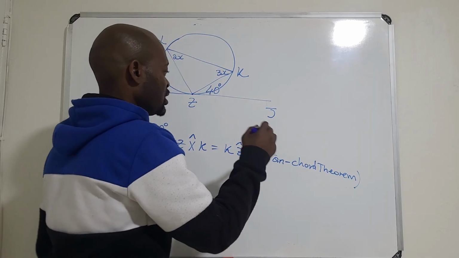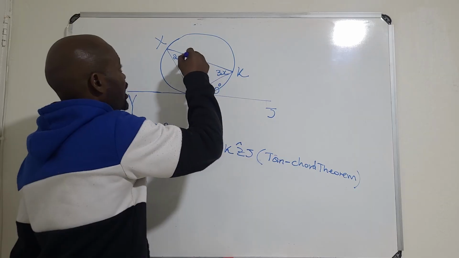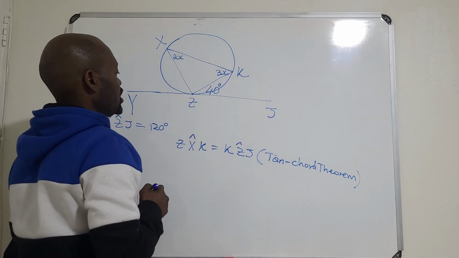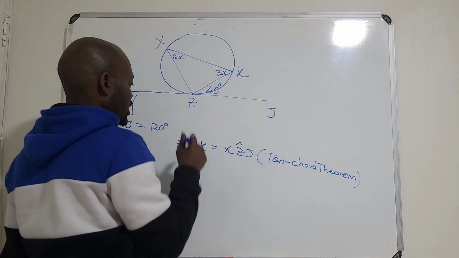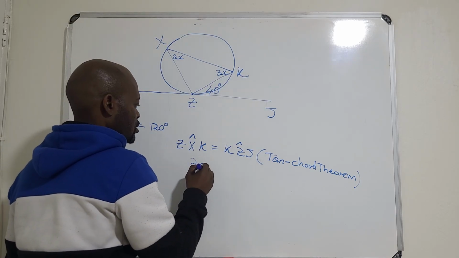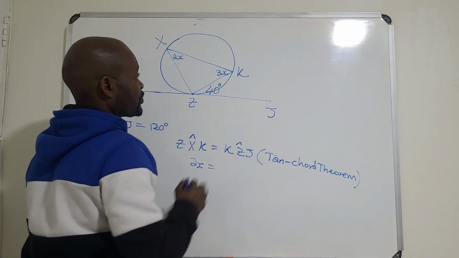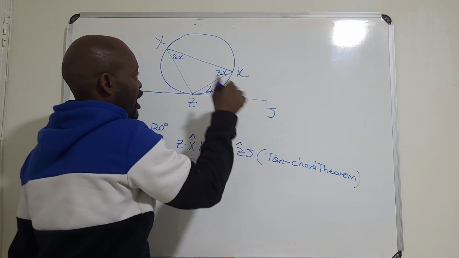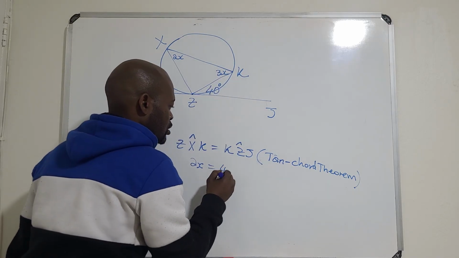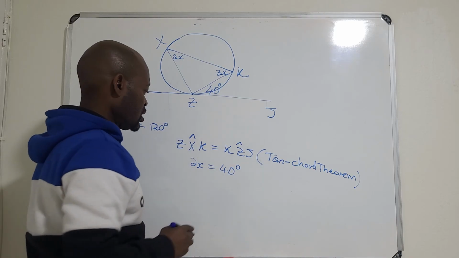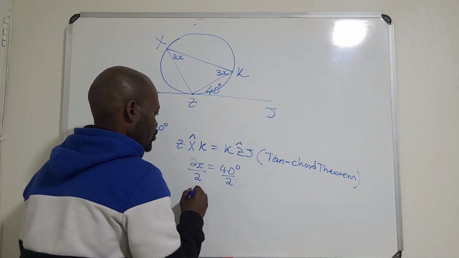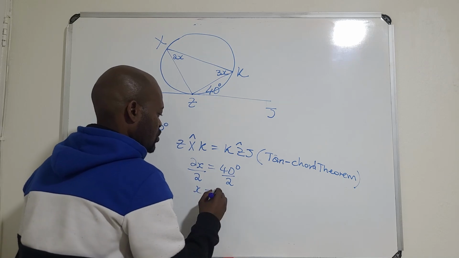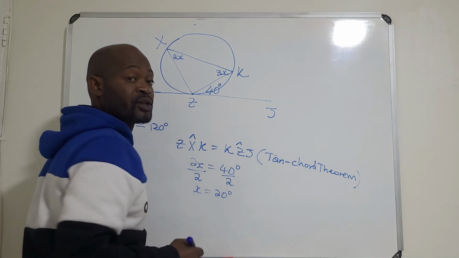Now, because this angle is equal to that angle, we can substitute angle ZXK, which is 2x, equal to angle KZJ, which is 40 degrees. We divide by 2, x is equal to 20 degrees.